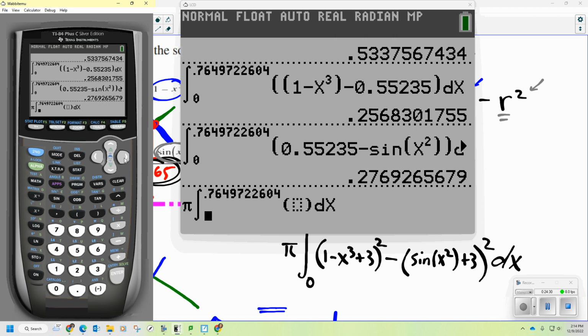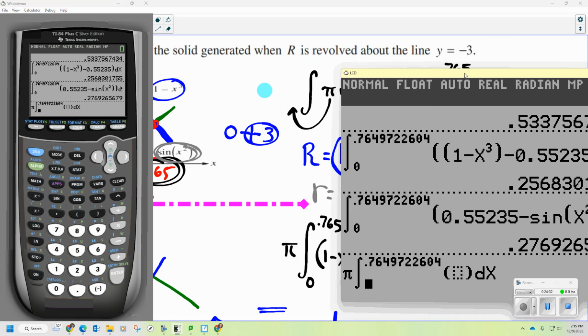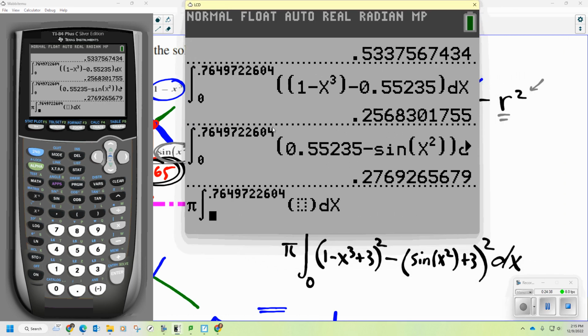Pi from 0 to this big, long 765 decimal. Oh, my God, it's going to be a lot of typing. Okay, it's not horrible. Just get through it. The calculator's doing the math.